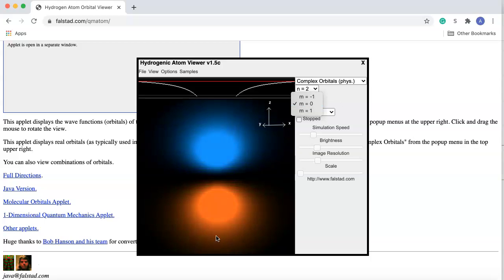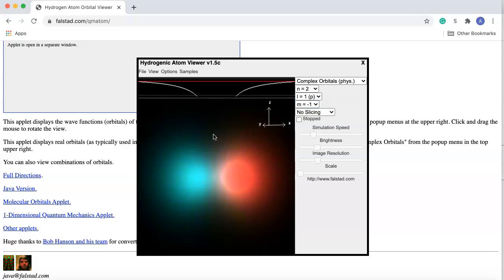Somehow around the z direction, it seems you have two things that are symmetric around the z direction. I go to m equal -1. Now we have this orbital that has angular momentum around the z-axis. And again, it has a structure of having two places for high density. M equal 1 is going to be very similar.